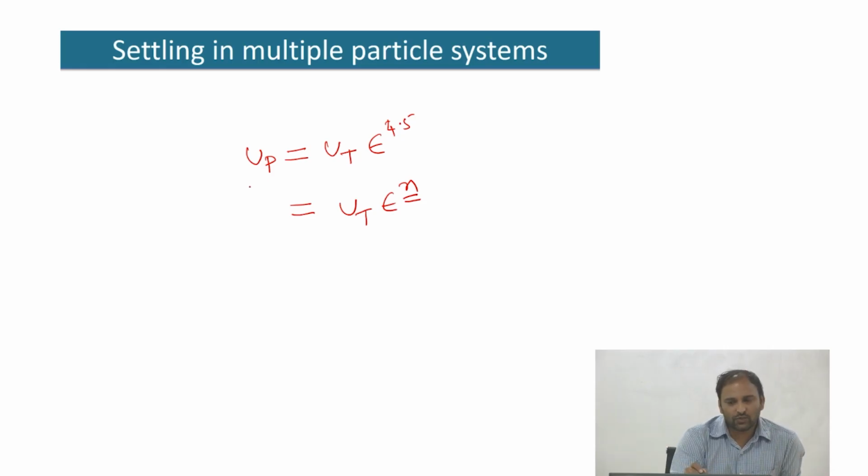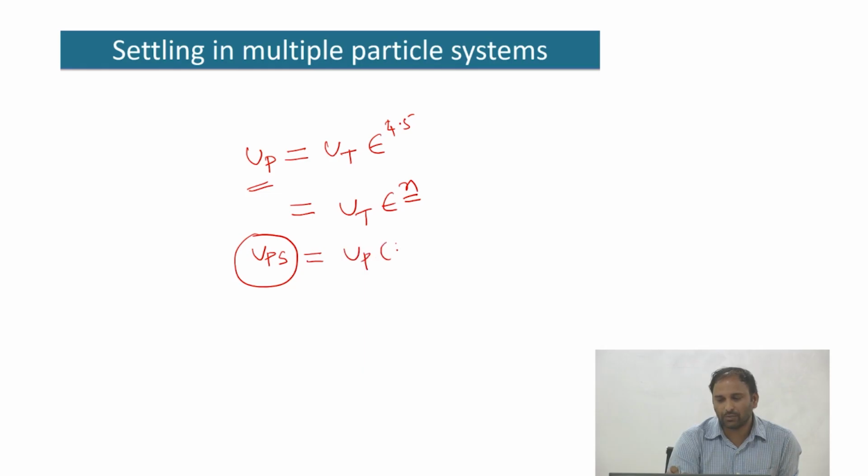Now from this what I can do is define UPS, which is what is called a particle settling flux. UPS is basically your UP times 1 minus epsilon, right.